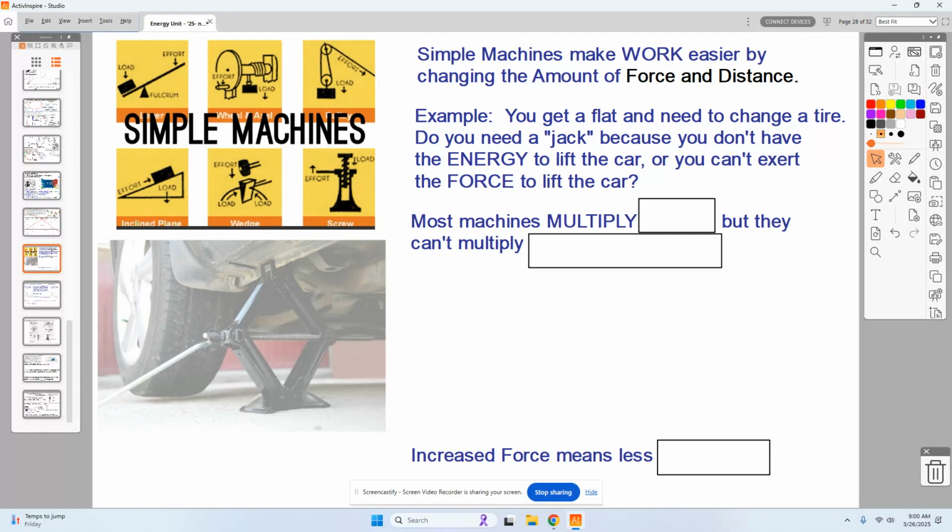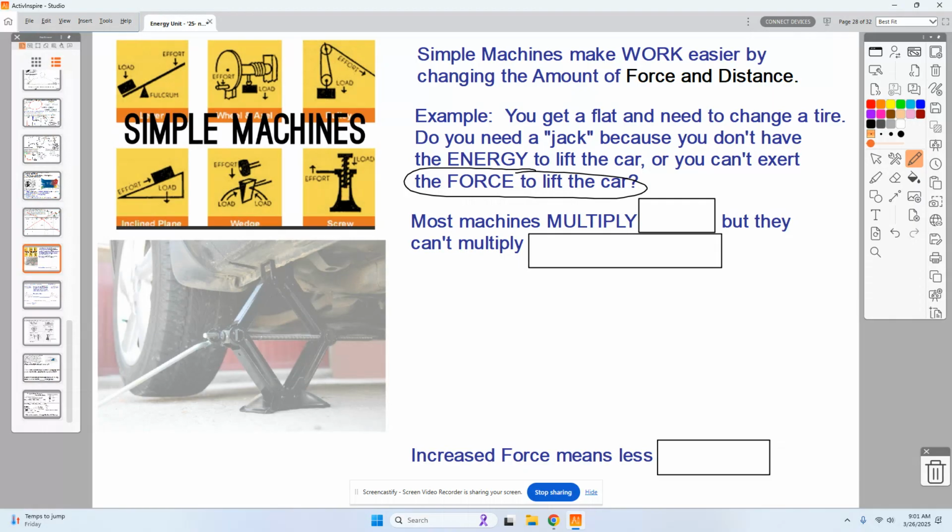So simple machines are force-distance multipliers. If you get a flat, you need to use a jack because you don't have the capacity to exert the force necessary to lift the car.